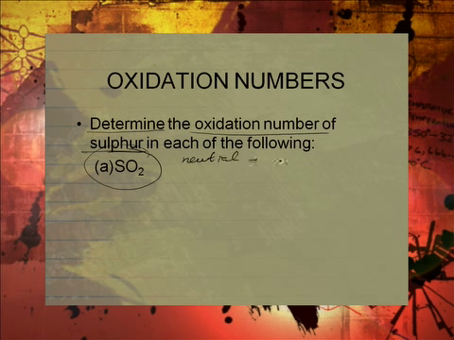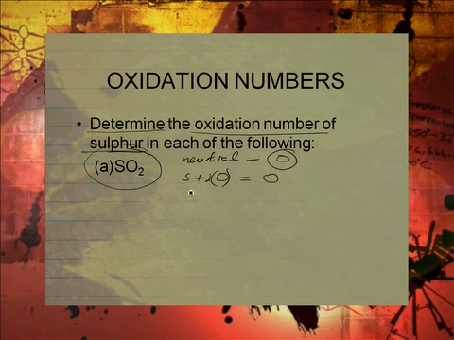For a neutral molecule, the overall charge, the oxidation number, must be 0. So when we add the oxidation number of sulfur plus 2 times the oxidation number of oxygen, we should get 0.